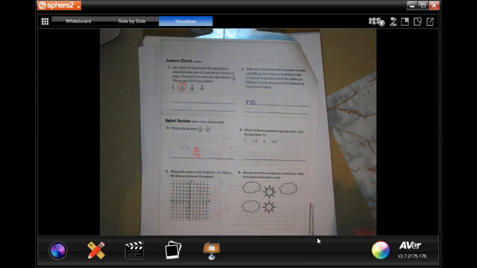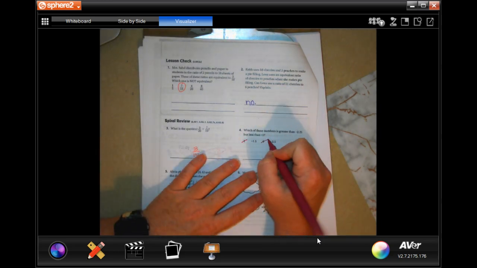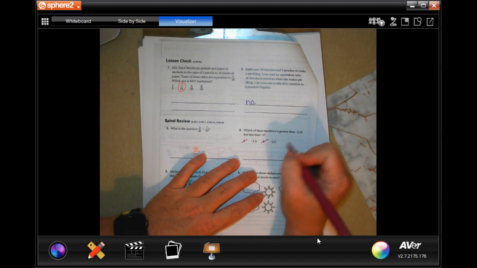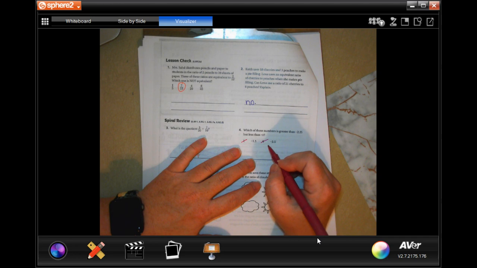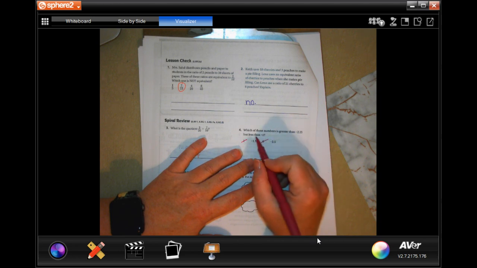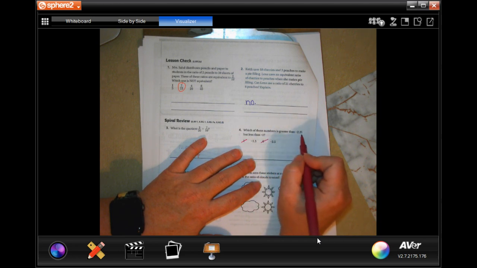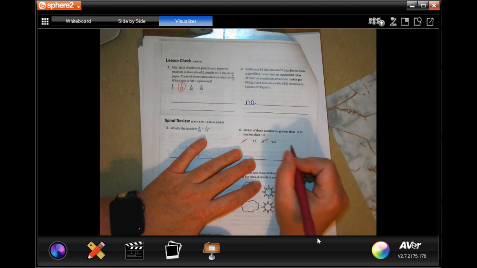Which of these numbers is greater than negative 2.25 but less than negative 1? Any number that's positive is not going to be it. 0 is neutral, that's not going to be it. Negative 2.5 is more negative than negative 2.25, and we want greater than negative 2.25, so closer to 0.